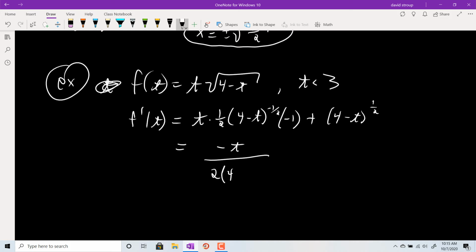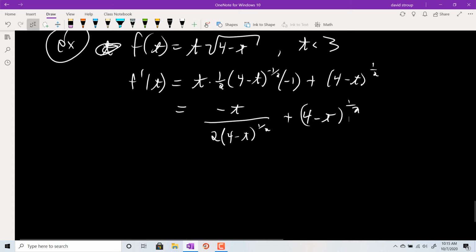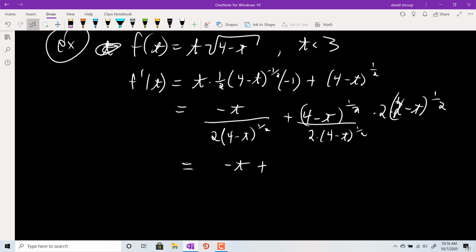So this will be 4 minus t to the 1/2 plus 4 minus t to the 1/2. Hoping I didn't make any mistakes. Common denominator, negative t plus, I'm going to multiply bottom and top by 2 times 4 minus t to the 1/2. 2 times 4 minus t to the 1/2.